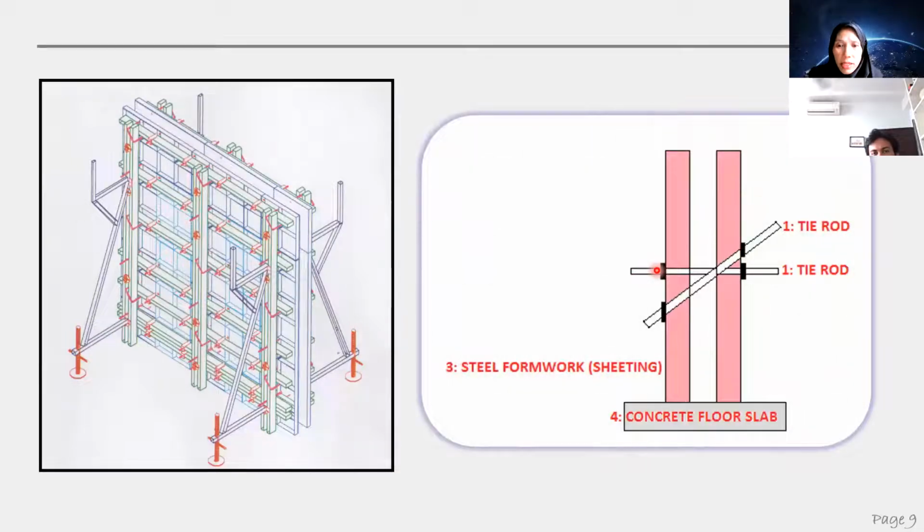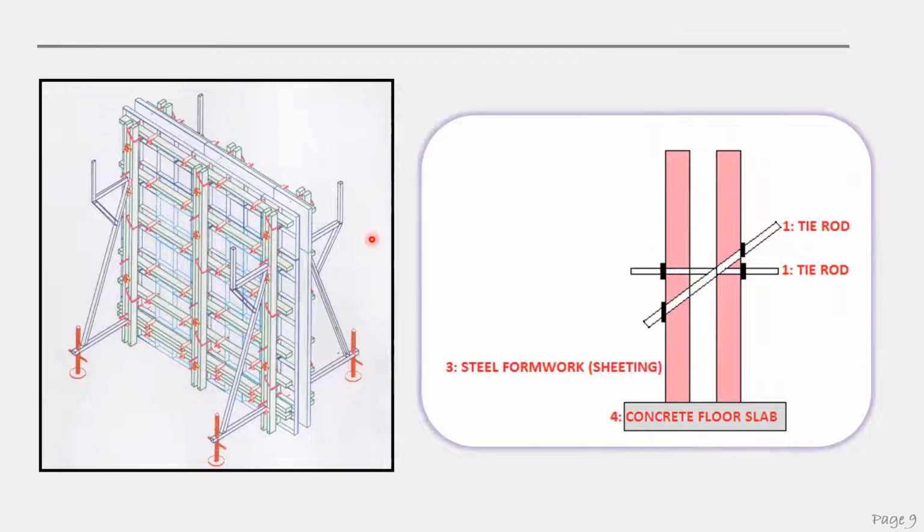So this is the types of steel formwork for wall. You use steel formwork sheeting. These are the details of steel formwork. If you look at the green one, it is more similar to the traditional timber formwork.